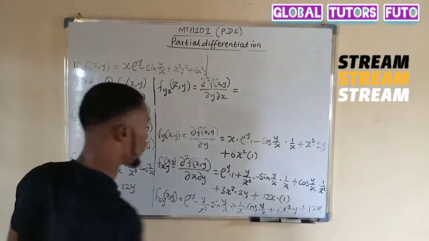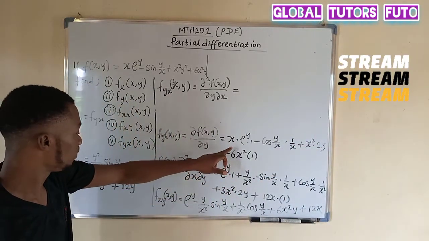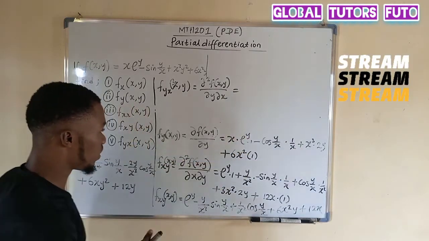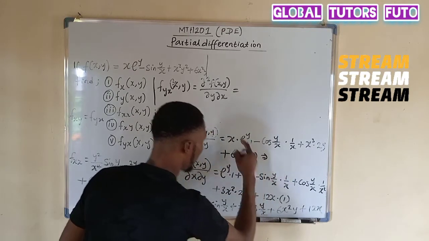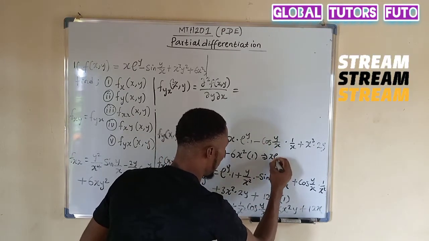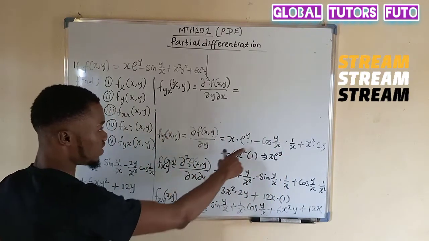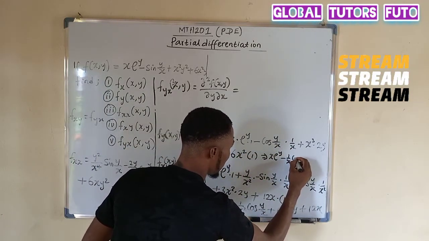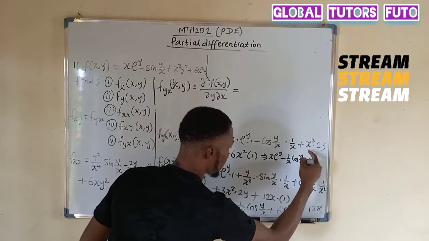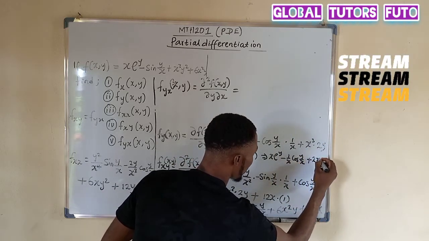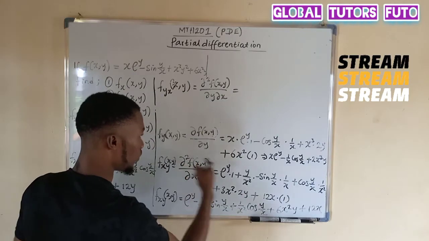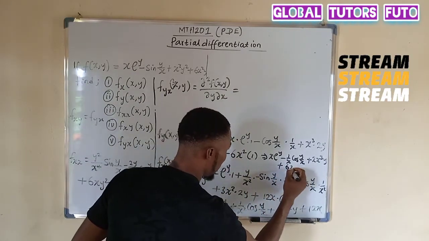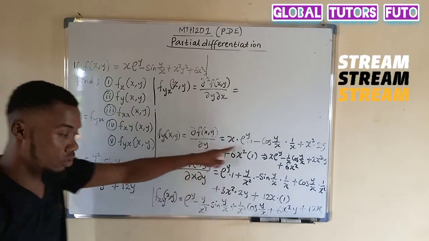Our f of y here is x e to y, minus 1 over x cos y over x, plus 2x cubed y, plus 6x squared. So this is our f of y.